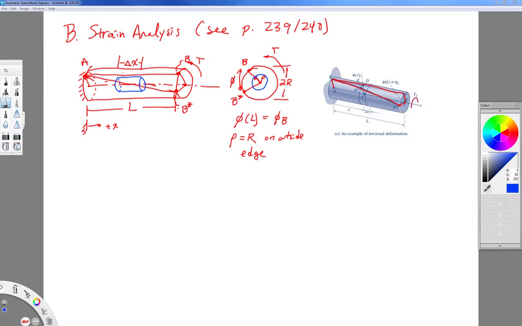Okay, so I'm going to look at this in a similar way that I did for the full structure. And I'm going to draw that down right below here.